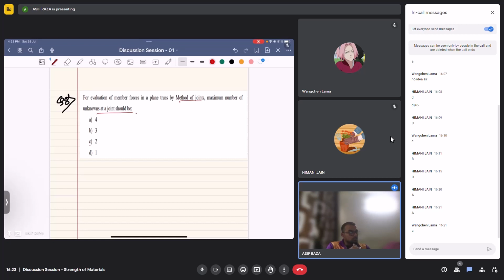I hope you guys all know the method of joints. No one? Wangchen has given the answer as 2, or option 2.